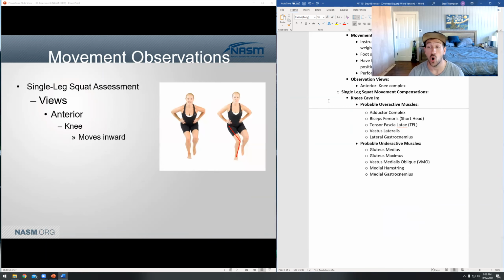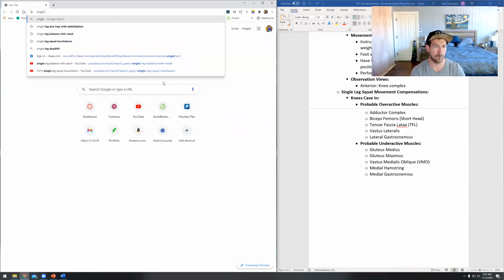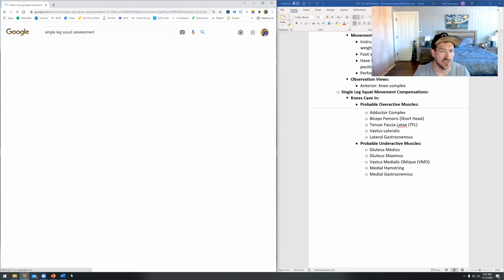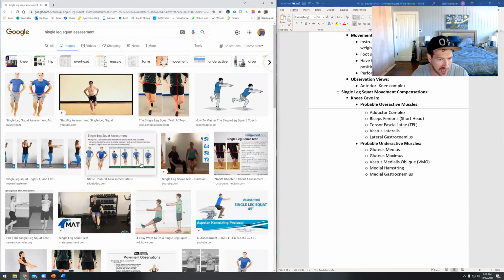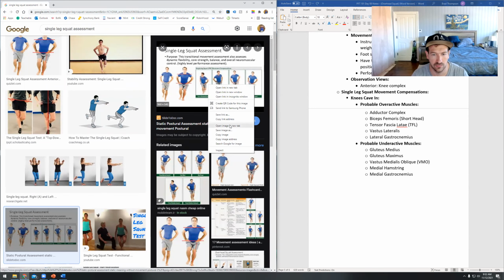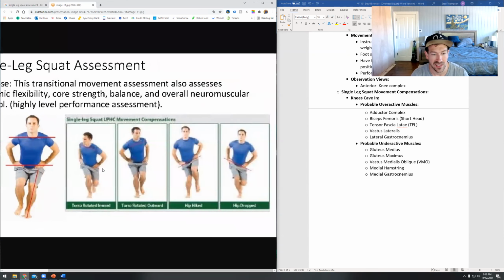Now, there's going to be a whole big list of things to look for in corrective exercise. You're going to look for all kinds of stuff. Here is, wow, that's pixelated. Here is trunk rotation, internally or externally.